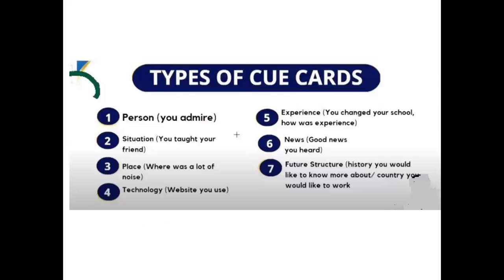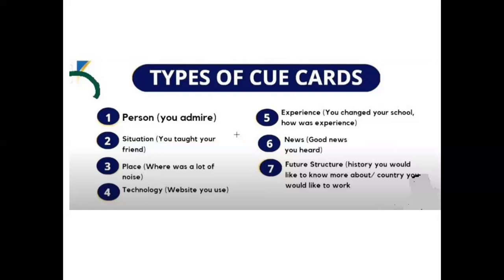So these are some of the types of cue card questions. Actually, these are not given by the official IELTS examiners, but these are the common themes which are most likely asked in cue cards. There are questions like the person you admire, a situation where you helped your friend, a place where there was a lot of noise, the place you visited, or the place you like the most.